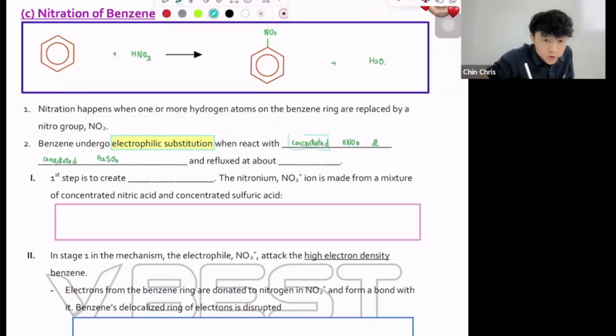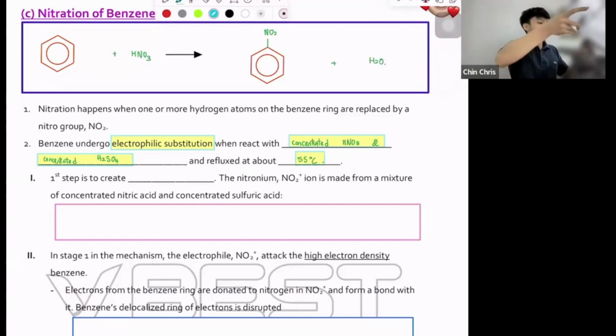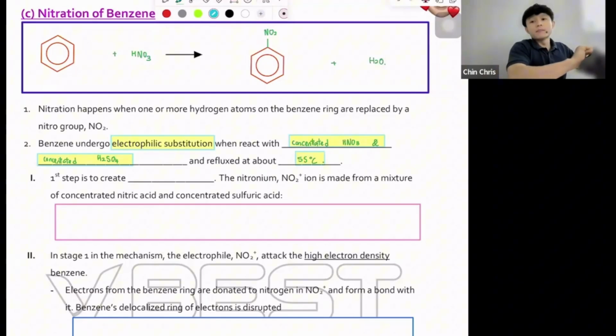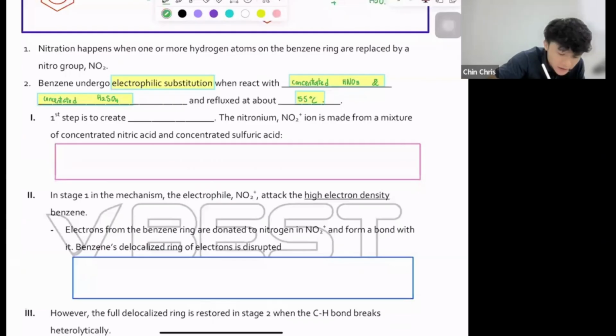Highlight this: concentrated HNO3, H2SO4. Alright guys, next. Again, always remember, since it's an electrophilic substitution, the first step is to create your electrophile.